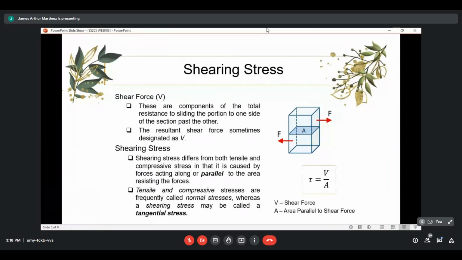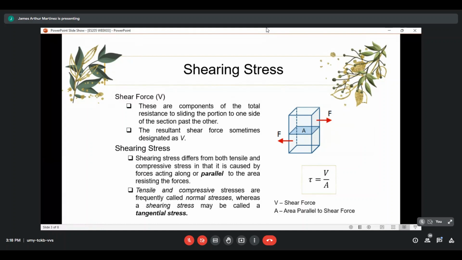Anyway, going back to the topic, we have this component for shear stress. The shear force is designated as letter V. In its definition here, resultant shear force is sometimes designated as V, but actually the most common designation for shear force is letter V. There are other books or problems nga ang ilahang representation for shear force is letter T. And to avoid confusion with torque, we will designate it na lang as letter V para dili ta maglibog.